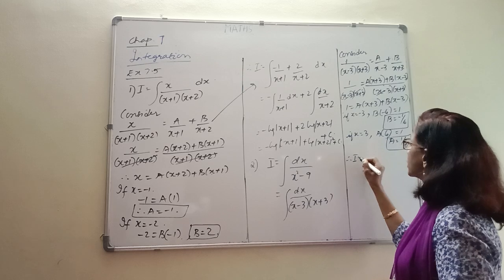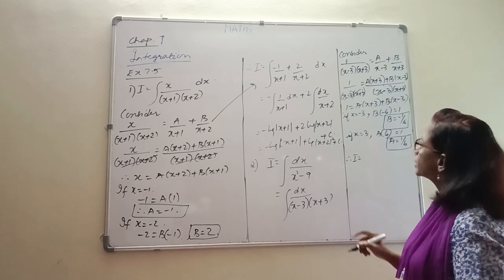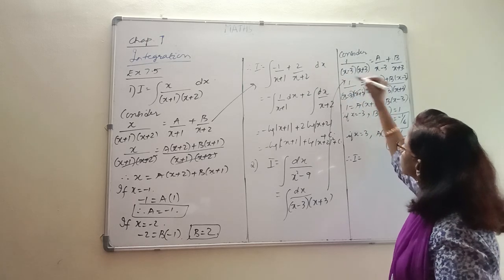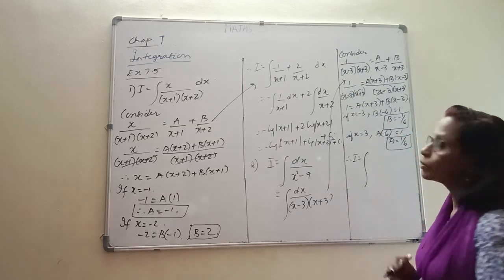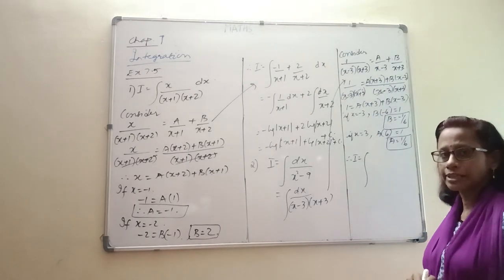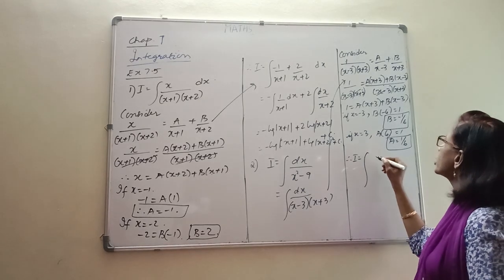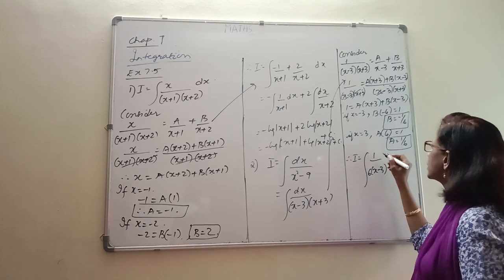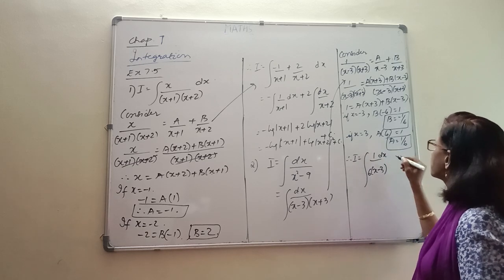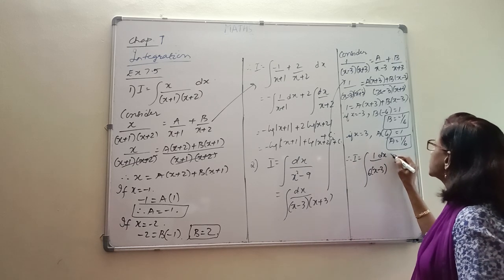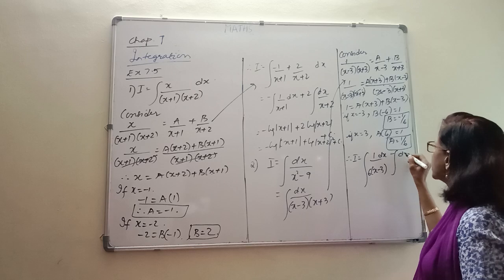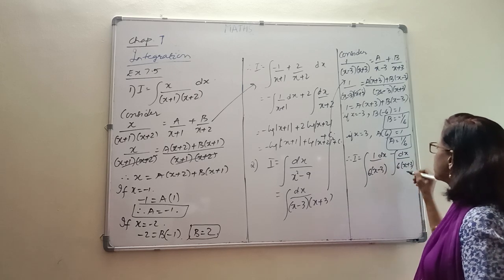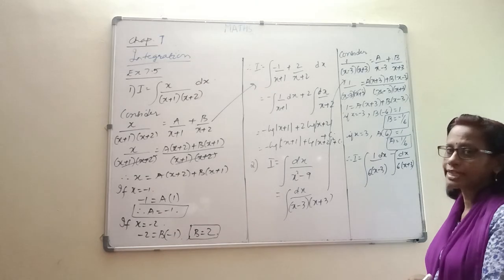Now let's see what is I. We can take this hint from here. So instead of writing 1 over x minus 3 times x plus 3, we can write it in a and b form. So a for us is 1 over 6 times x minus 3 dx, and plus b is a negative, so negative dx over 6 times x plus 3. You can just check, because it is minus 1 over 6, that's how the negative has come.